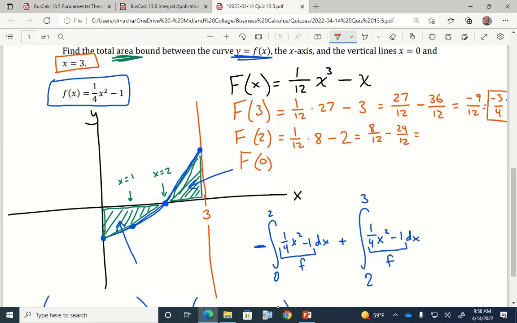And 8 minus 24 is going to be negative 16 over 12. So I factor out the 4, and I get negative 4/3, right? Let me know if I've made a mistake anywhere. And then if I plug in x equals 0, this is 1/12 times 0 cubed minus 0. So that is certainly 0.